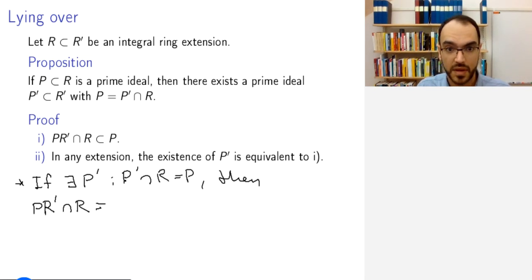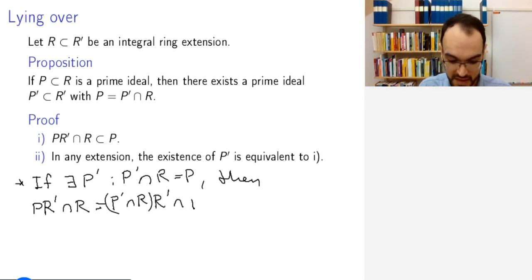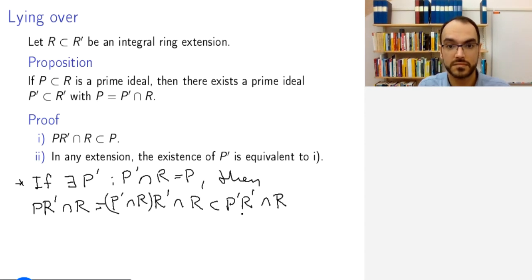Now, P is the same as P prime intersect R. So this is P prime intersect R times R prime intersect R. So this is included in P prime R prime intersect R. Yeah, exactly.